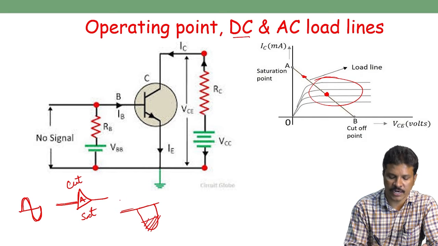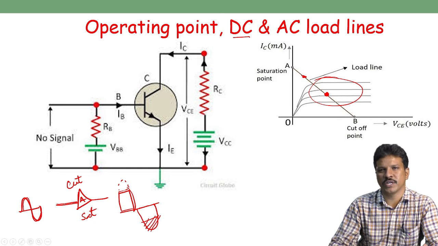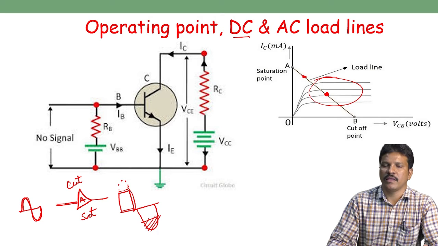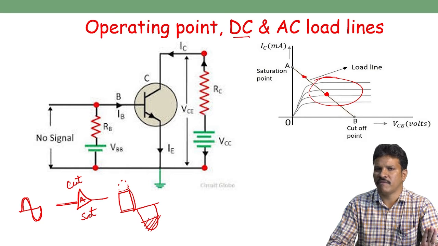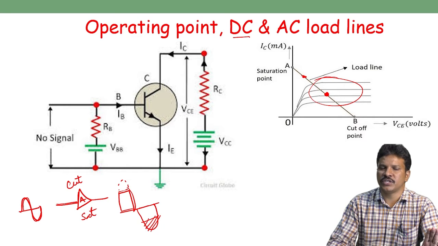This positive portion gets clipped when the circuit is operated near the cutoff region. So when we operate a transistor amplifier near the saturation region, we get some portion of the signal clipped.